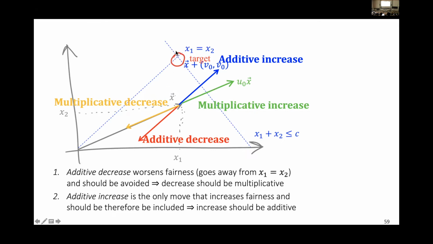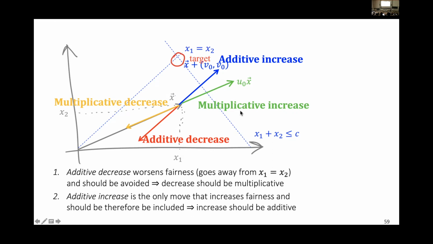I want to be fair and maximally efficient. Additive decrease only worsens the fairness, making me further from this target. What about multiplicative decrease? It doesn't make things better, but at least it keeps the same angular distance from the fairness. So the decrease must be multiplicative.